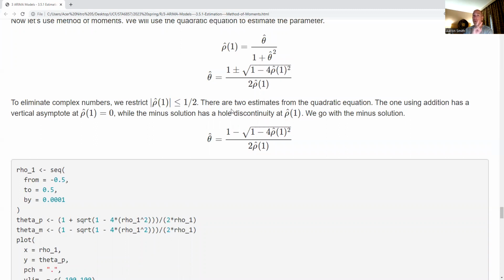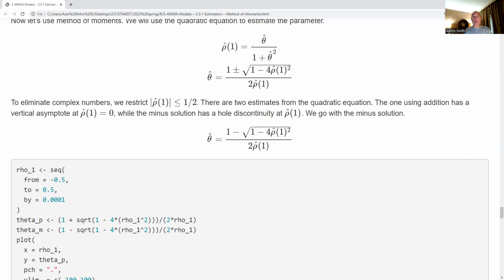All right, so now there's a further problem with this in that using the quadratic equation, I'm going to get 2 solutions. I have to pick one. I have to know which one I want to use. All right, so if I go through and I consider plotting out what we've got, when we use addition, we're going to get a vertical asymptote.